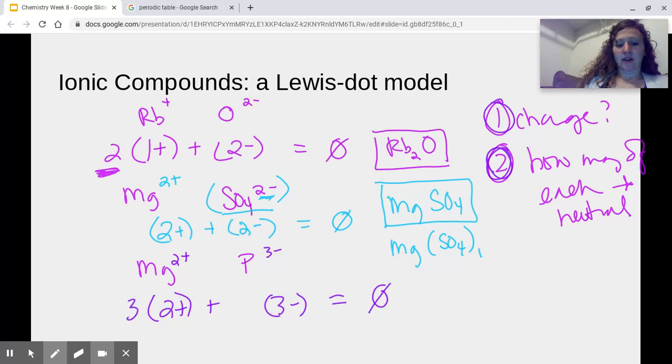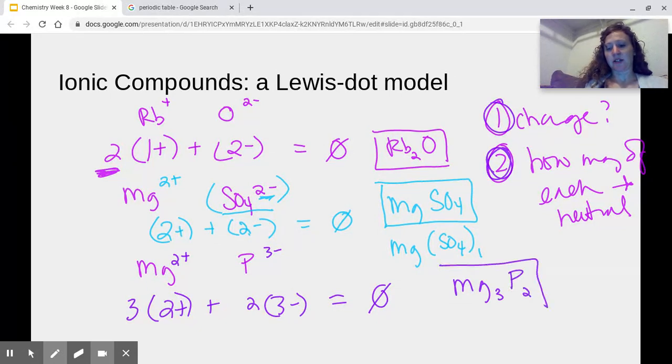You're going to need, our least common denominator is going to be a 6, right? So you need 3 magnesiums and 2 phosphoruses. So you're going to write it as magnesium, and we need 3 of them, phosphorus, and we need 2 of them. And that's your answer.